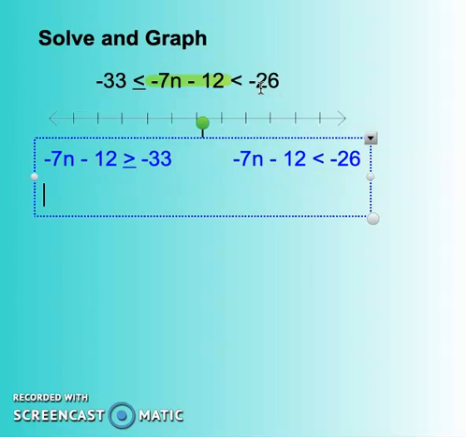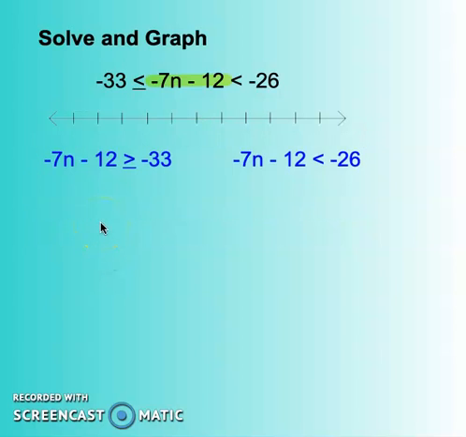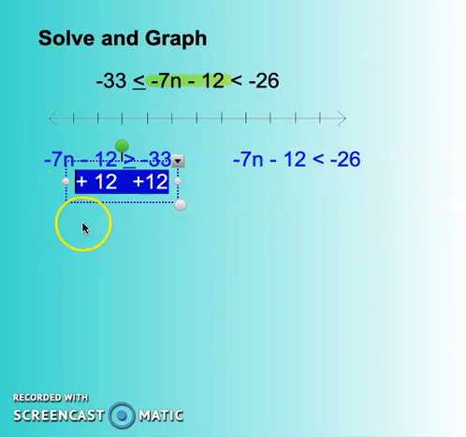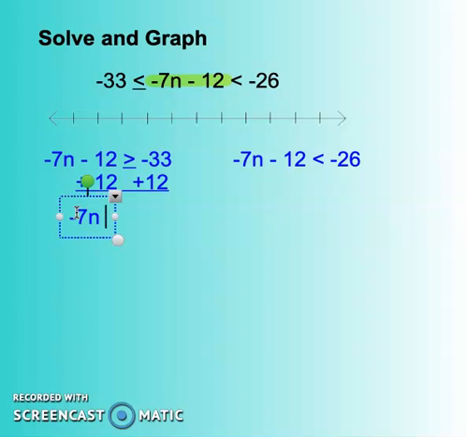So these are my two inequalities that I need to now solve. The first thing I have to do, remember, is get the -7n by itself, right? So I need to add 12, and I need to do that on both sides just to make sure that it's balanced. And so what happens is all I have left is -7n is greater than or equal to, and in this case we're really subtracting these two because one's negative, one's positive, so it's -11.